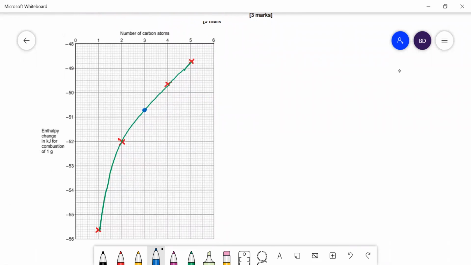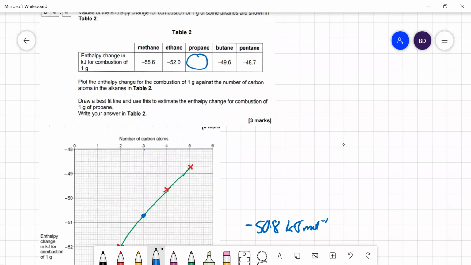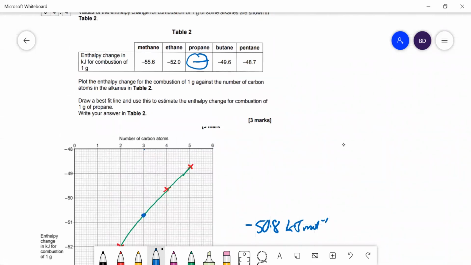I've drawn the green curve, and then you've just got to read off the value. Propane has 3 carbons, that blue dot, and that gives about minus 50.8 kilojoules per mole. So that is the value that we should put in the table.